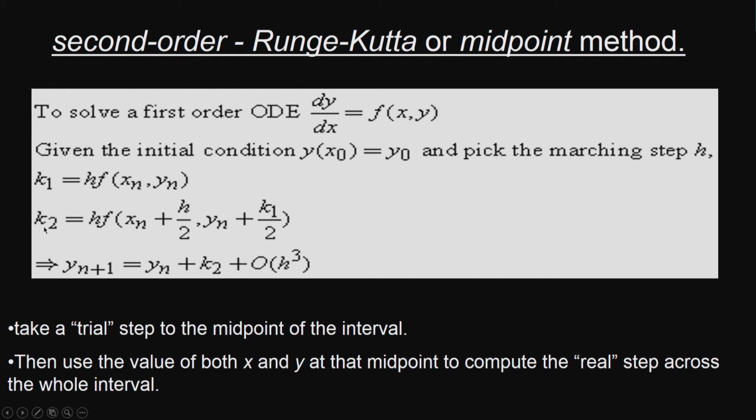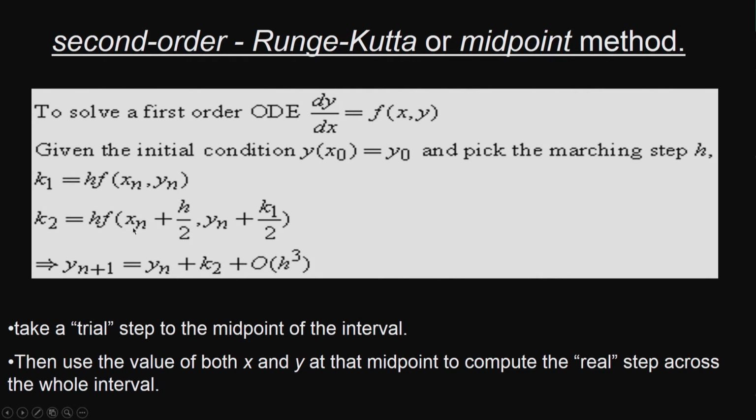Then you calculate k2 at the midpoint, h by 2: xn plus h by 2, yn plus k1 by 2, and then make use of it to calculate yn plus 1. So, yn plus 1 is equal to yn plus k2. Here the error is of the order of h raised to the power 3. Okay. So, this is called the midpoint method.